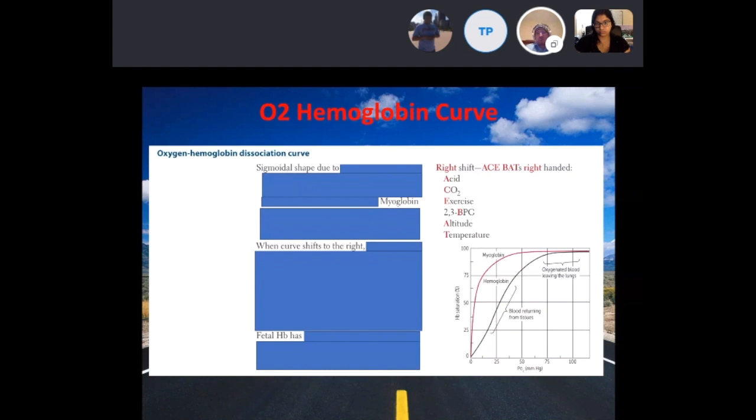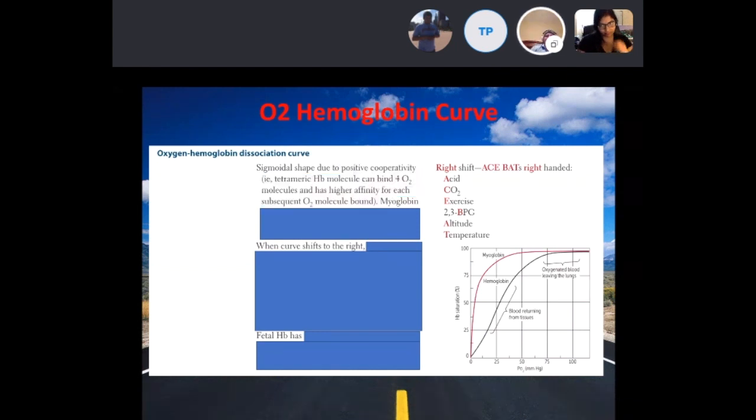Now, why is this curve sigmoidal? Because of the changes in affinity for oxygen, depending on whether one molecule is bound to it, and then the other ones can bind more easily, and then unloading to tissues.